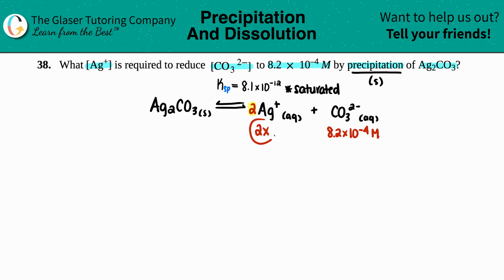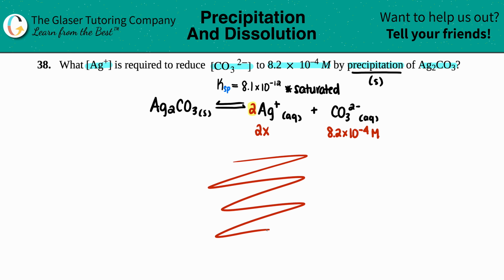If we use the 2x value and we do the math, we will still come out with x equals, because that's what we always solve for. We solve for just one x. Now, for the answer to the problem, you would have to go back and times that x value by 2, because you labeled the Ag+ concentration as 2x.